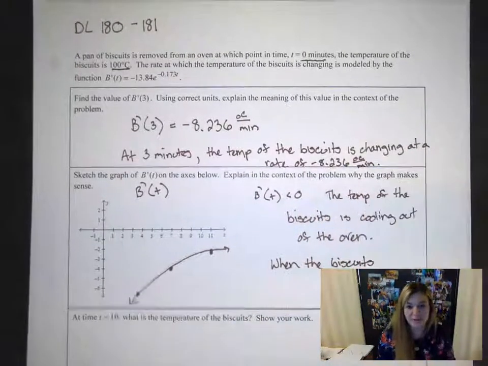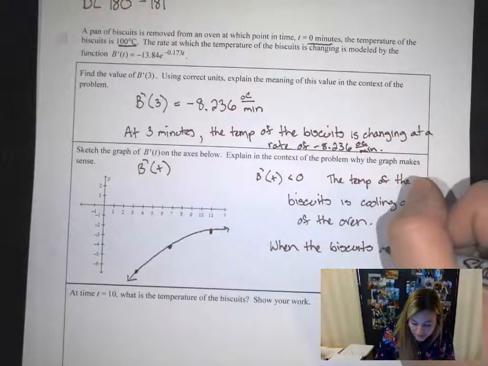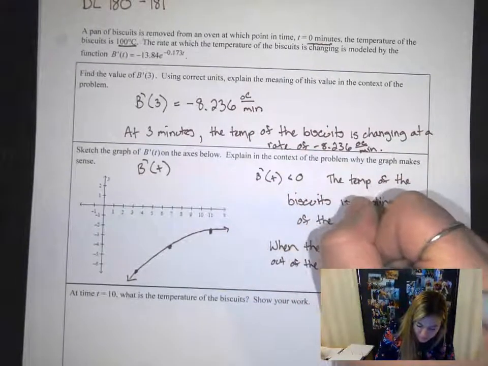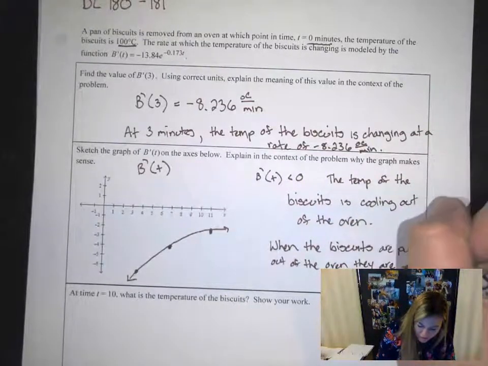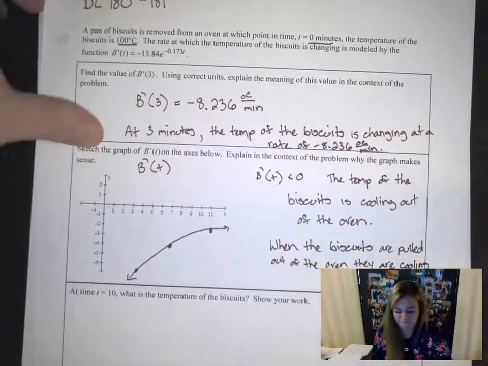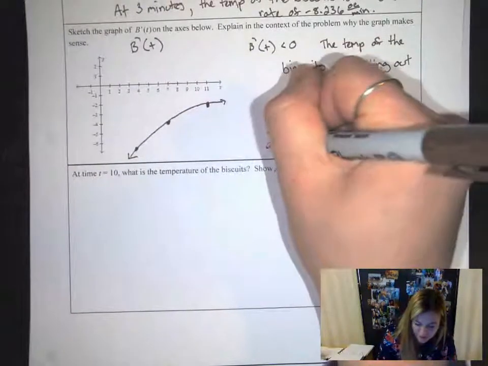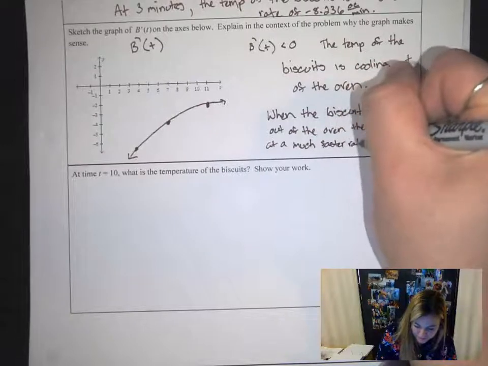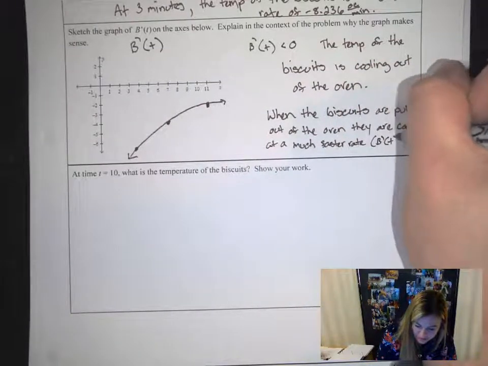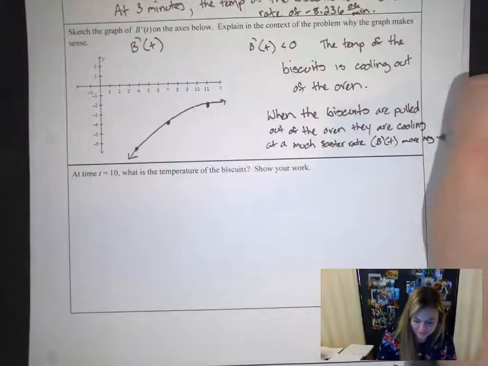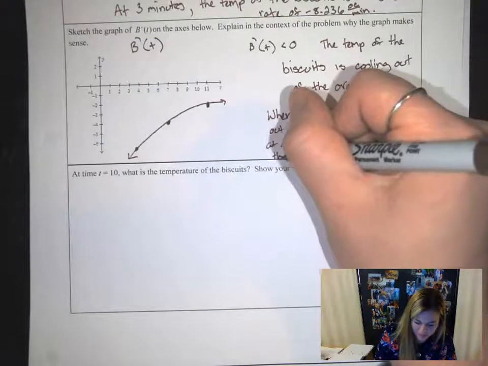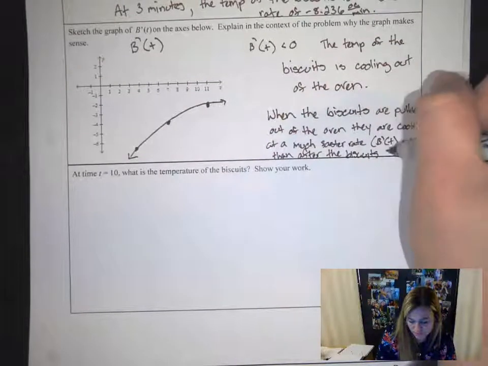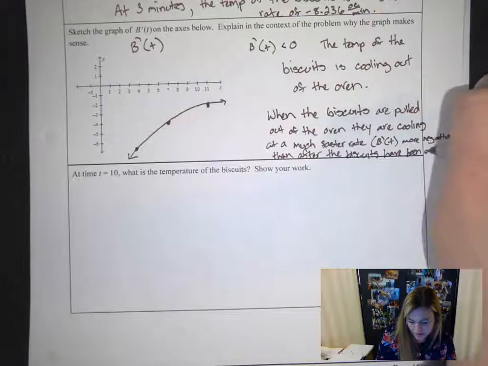Some of you who love physics, you'll probably say this slightly differently, but I'm going to say when the biscuits are pulled out of the oven, they are cooling at a much faster rate, meaning B prime of t would be more negative than after the biscuits have been out of the oven.